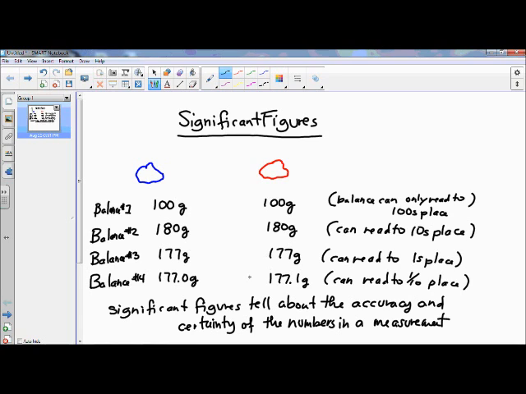Now, some numbers in a measurement are not called significant figures. It doesn't mean that they're not important numbers, but they're not what we call significant.